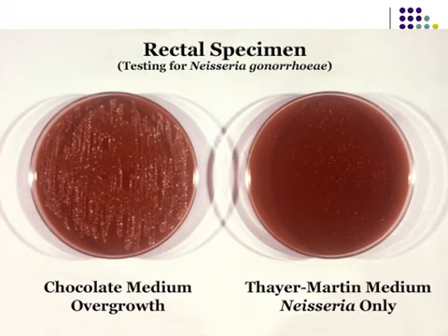You can see overgrowth of bacteria on chocolate agar, while only Neisseria species grow on Thayer-Martin media, because it is selective media that contains many inhibitors such as antibiotics that inhibit growth of other bacteria and enhance growth of Neisseria species.